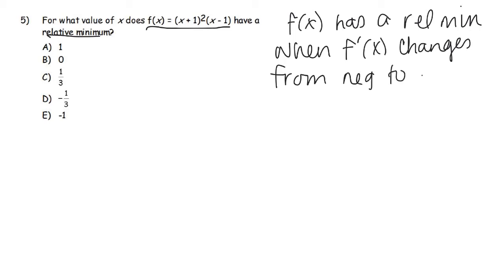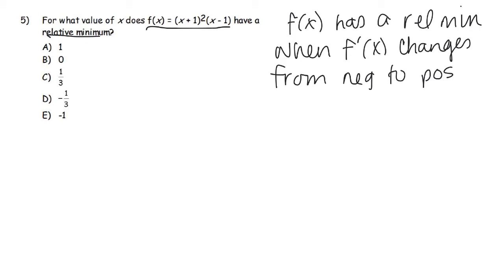Okay, so first thing, we need to find those critical points because the critical points will be what we classify as relative min or maxes. And so we now need to do our derivative and set it equal to 0.